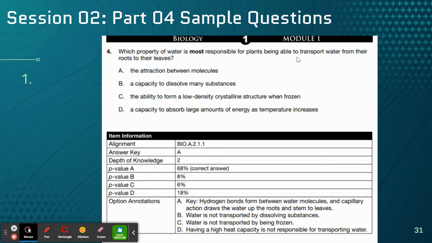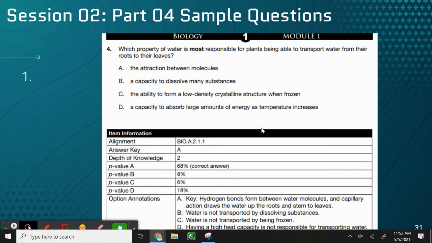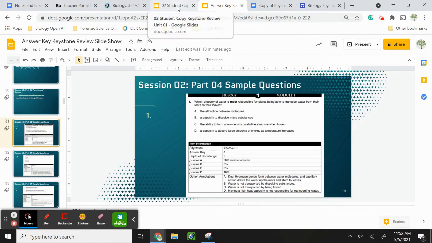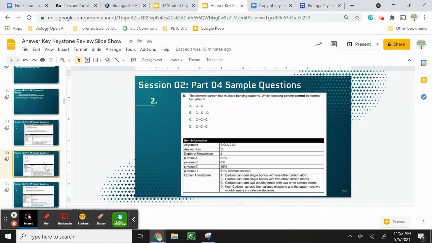But which property of water has to do with plants being able to transport water from roots to leaves? And that's the transpiration cohesion mechanism that takes place because of adhesion and cohesion, which has everything to do with the attraction between the hydrogen bonds. So that is the most correct answer to that question. Don't get tricked. Don't get fooled.